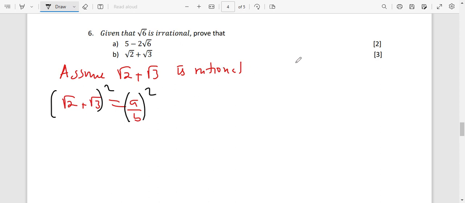Okay, so what we have is something in the form a plus b squared, and whenever we've got something in this form, just get the first one, you square it, get a power 2, multiply by the first one, also multiply by the second one, and then get the second one, you square it. That is how you expand something in that form.